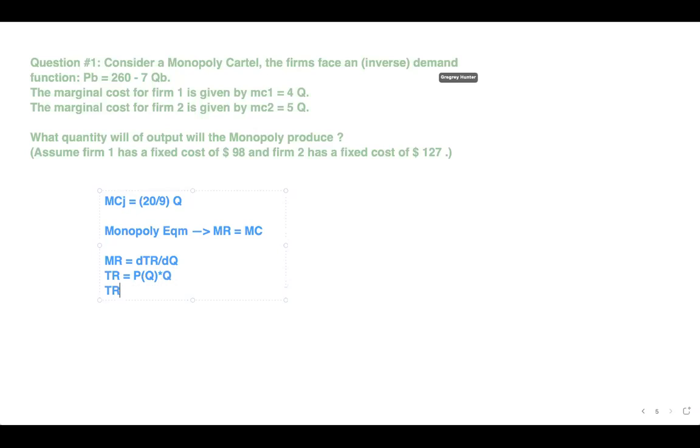So total revenue then is going to be equal to 260 minus Q, and I'm dropping the B, but you can see where I'm getting it from, right? And then we multiply that by Q, and we would end up with a quadratic equation if we went ahead and expanded, distributed the Q over the terms in brackets there.